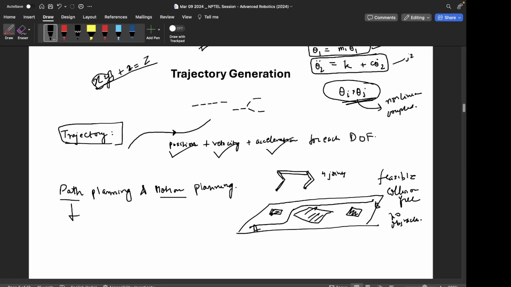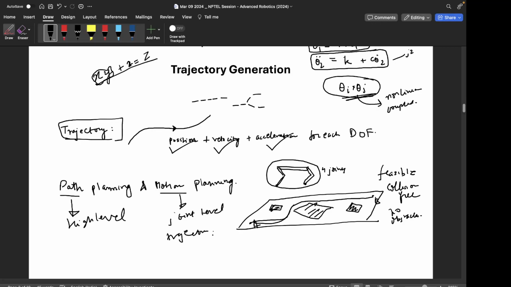Path planning is high level, where you treat your robot maybe as a kind of black box, a cuboid, let's say, and you're just concerned that this cuboid passes through, right? You plan a path like that. And motion planning is where you think at the joint level trajectories, right?